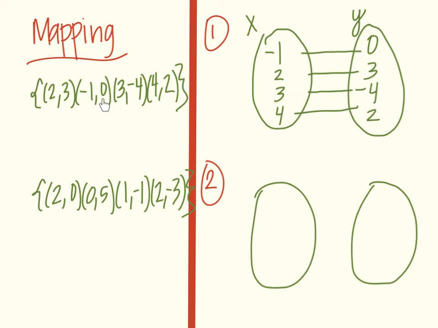So again, -1 is going with 0 because the ordered pair was -1, 0. So there's only one line there. There's only one line coming from 2, 3, and 4. So because there's only one line from each domain, this is a function. Domain does not repeat.